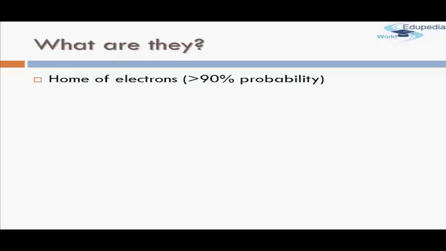This we will identify on the basis of the study of atomic orbitals. Atomic orbitals are the regions where probability is very high, and very high can be defined as greater than 90%. You can also define it as greater than 95%, but for now let's go with 90%.